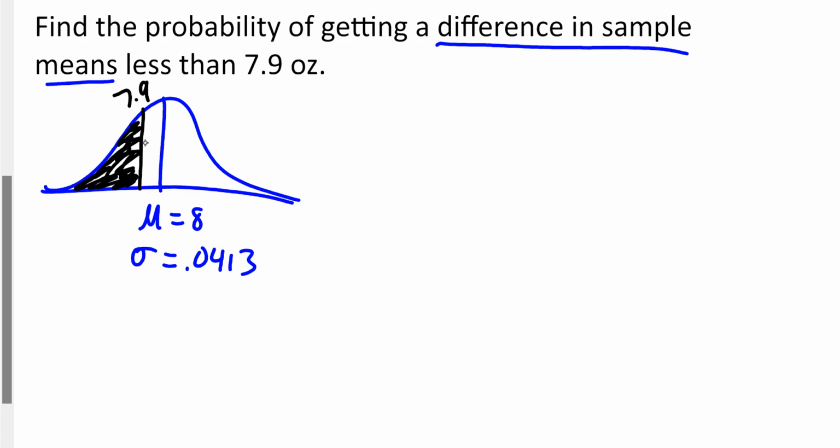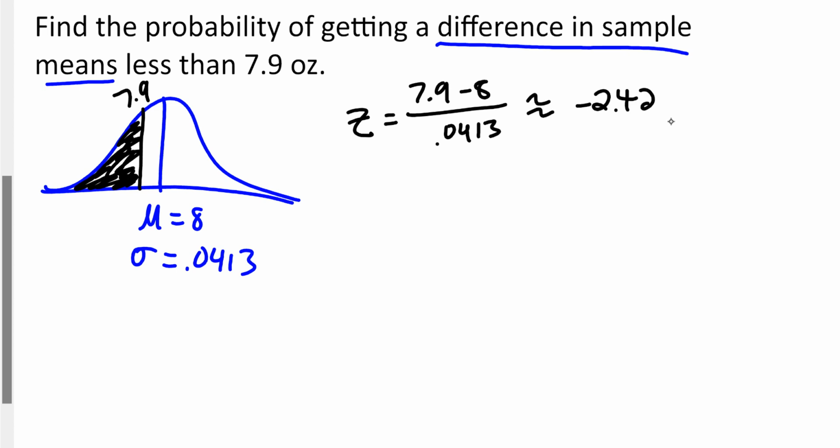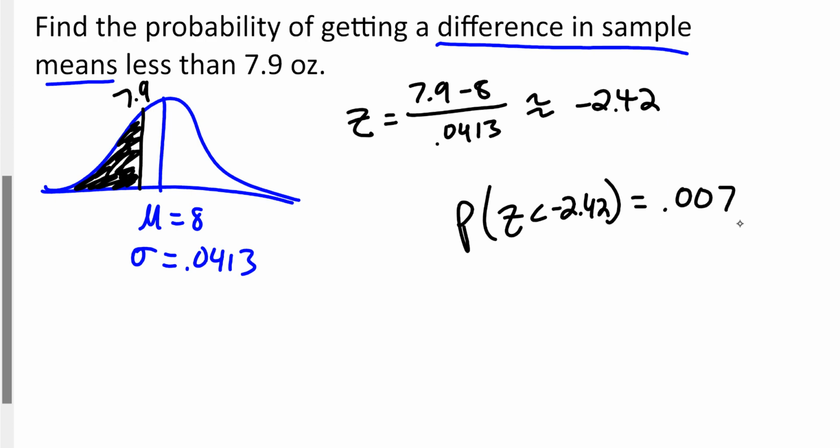So as long as we can find the z-score for 7.9, you get approximately negative 2.142. Go to your table. The probability of z being less than that is 0.0078.